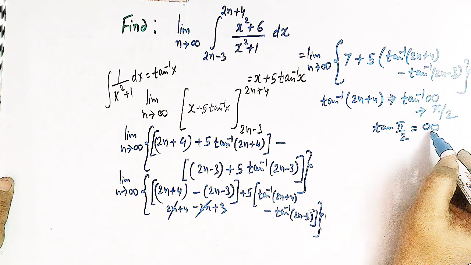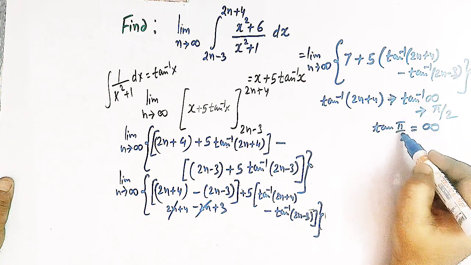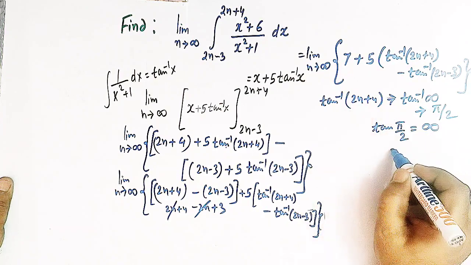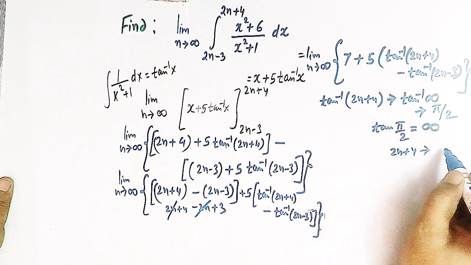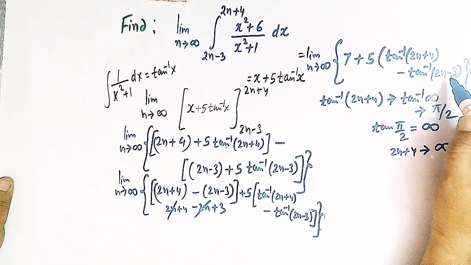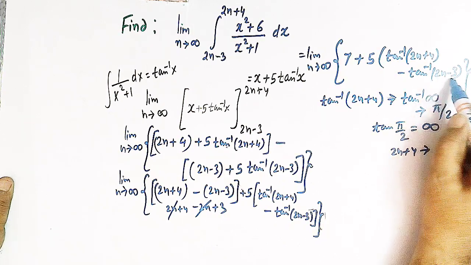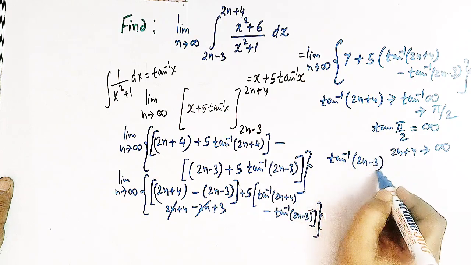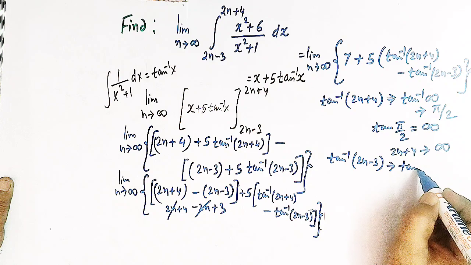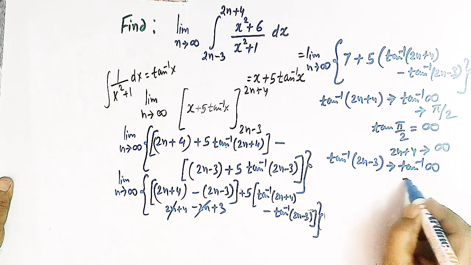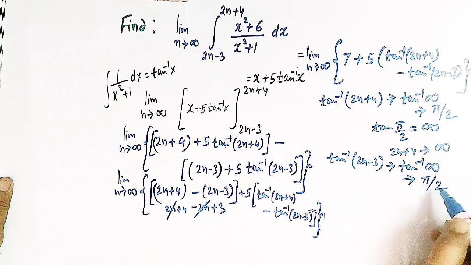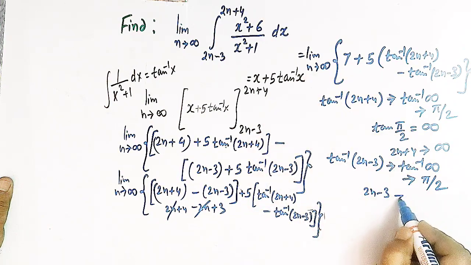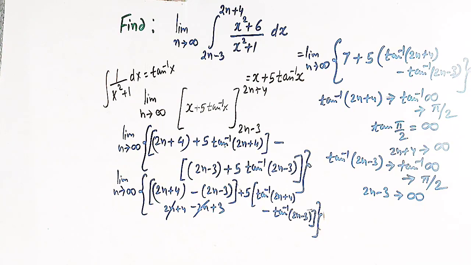So tan inverse infinity is equal to pi by 2. When n tends to infinity, 2n plus 4 tends to infinity, and similar is the case with the other term. Tan inverse 2n minus 3 also tends to tan inverse infinity, which is pi by 2, because 2n minus 3 tends to infinity.